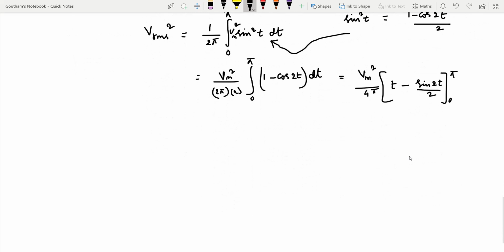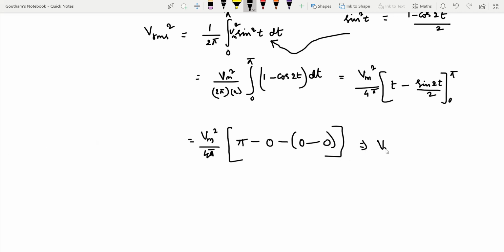Now if I substitute the limits, what do I get? Vm square divided by 4 pi into, t is upper limit pi minus, what is sin pi? Sin pi is 0. Lower limit t is 0, so this is 0 minus sin 0, and sin 0 is also 0. So what are we left with?